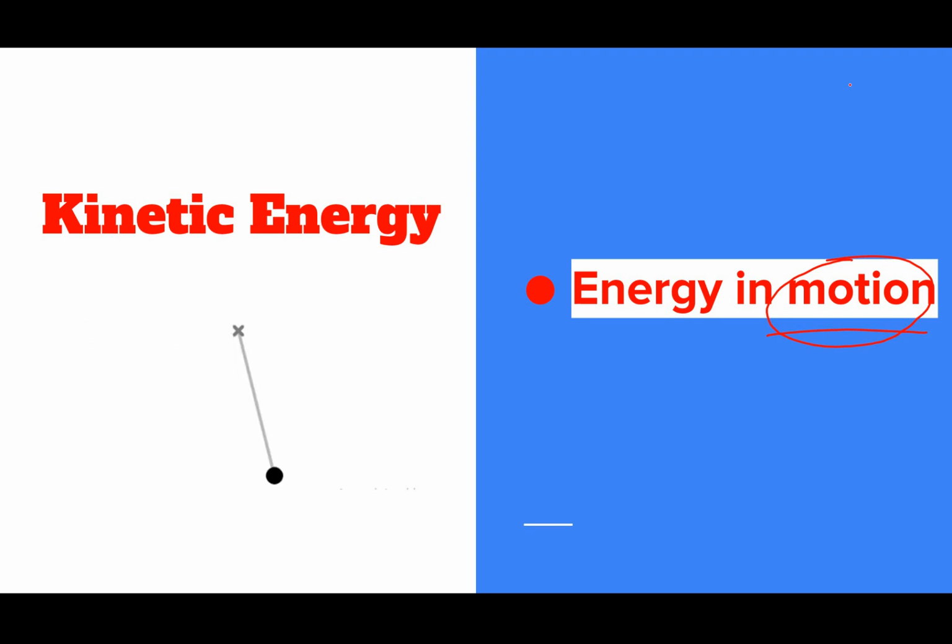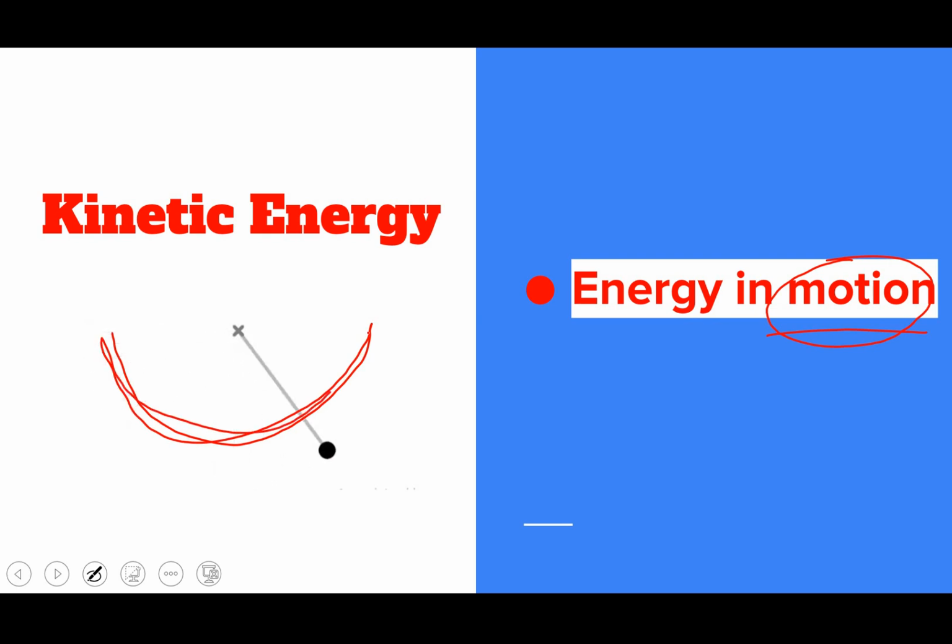So just to show you here, this pendulum that's swinging from side to side, at the top of its route, it has a lot of potential energy, because it actually briefly stops at the top of its route.